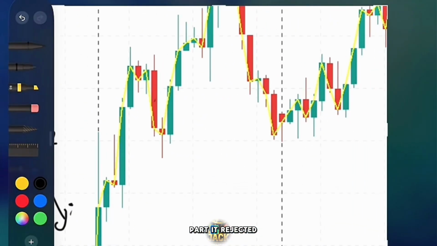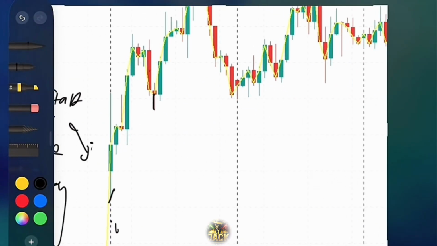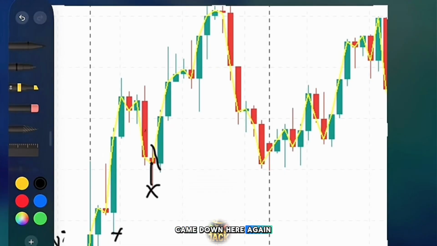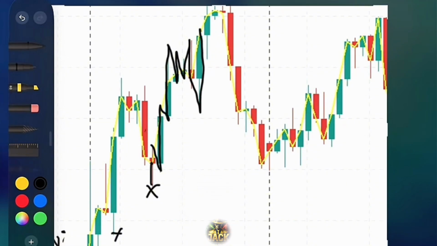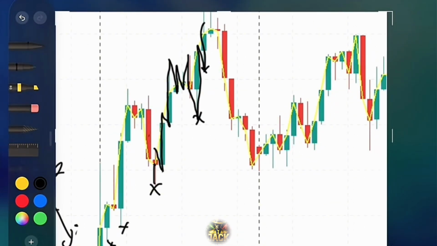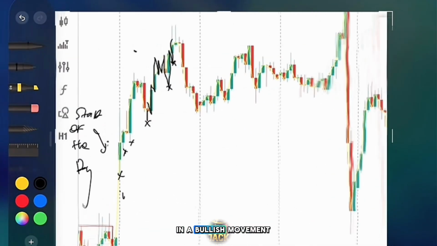Now, after this part, it rejected buy volumes. It came down here again, and then a sudden push. It did a sideways, sudden push. See that? Price is in a bullish movement.